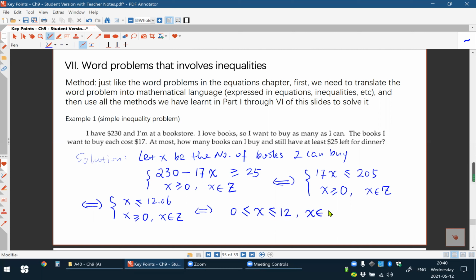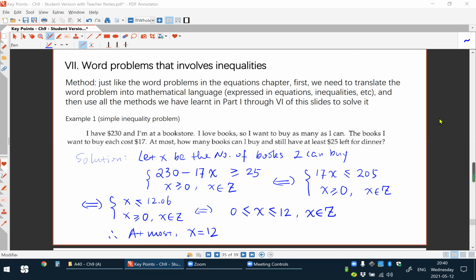Of course, x is an integer, right? So what is the maximum number that x could be? Therefore, at most, x is 12, right? That means I can buy 12 books at most. Okay, any questions?